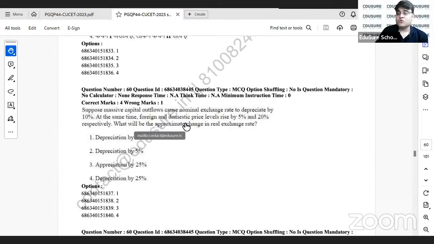I'll first start off with the micro, math and statistics questions. The macro part, Mahima ma'am will join at 6 p.m. and we'll begin with that. So currently, let's focus on the CUET 2023 math, stat, and microeconomic problems.